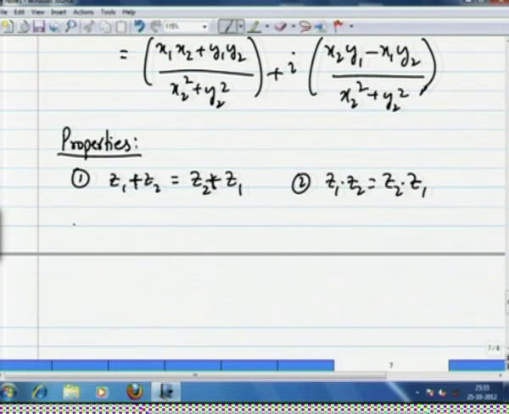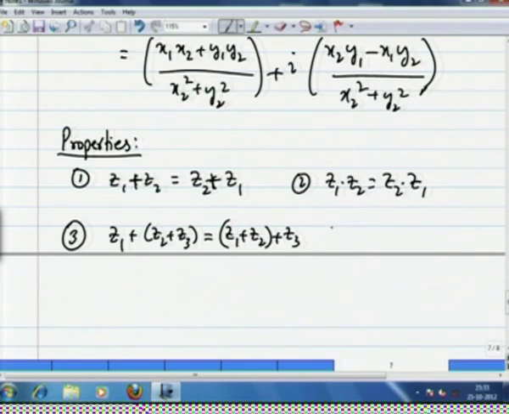And secondly, z1 plus (z2 plus z3). So, if you add z2 to z3 and then add z1 to it, it is the same as adding z1 and z2 first and then adding z3 to it. And so is the case for multiplication.